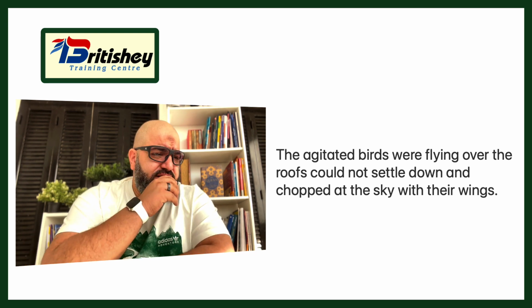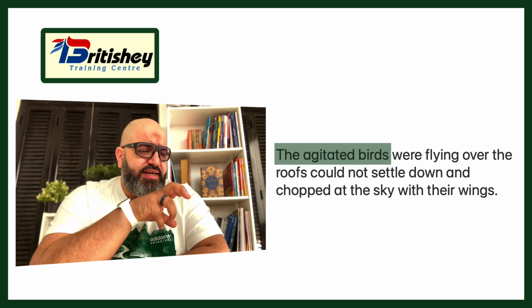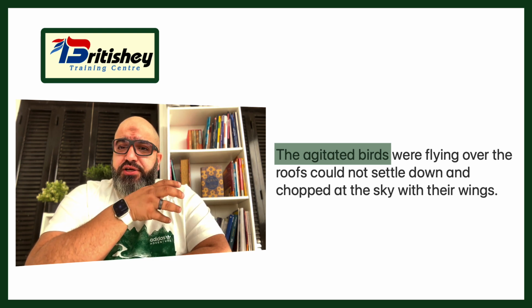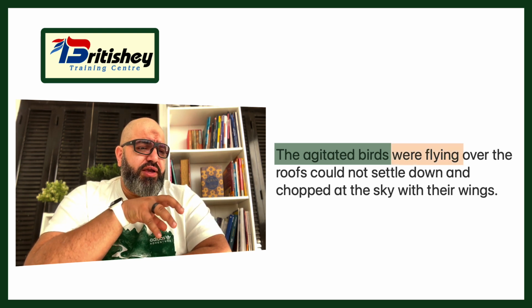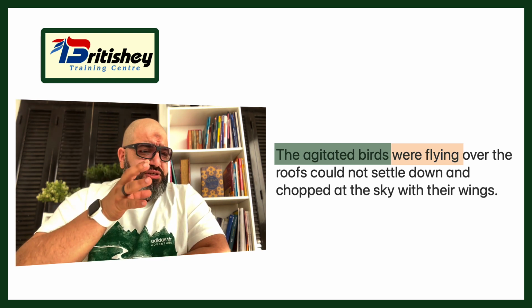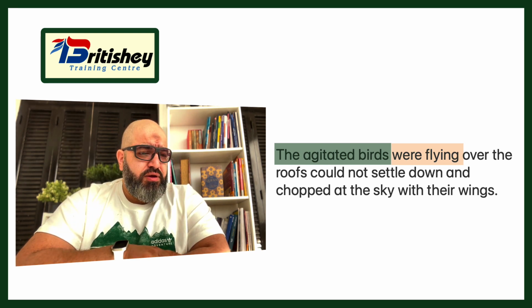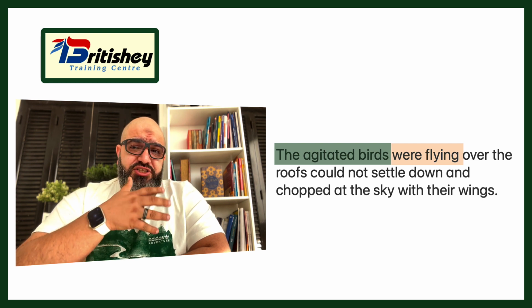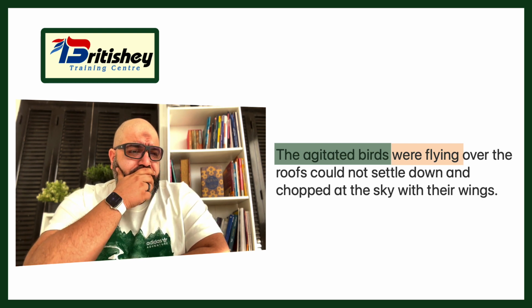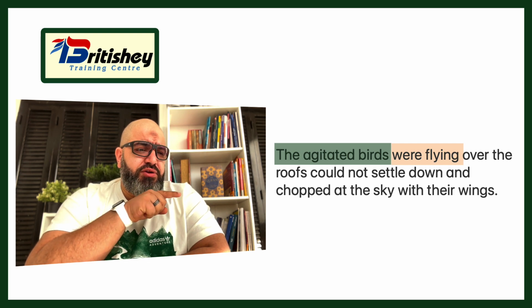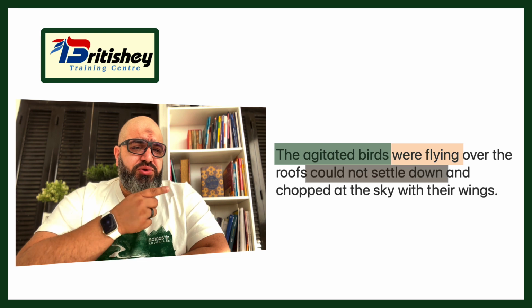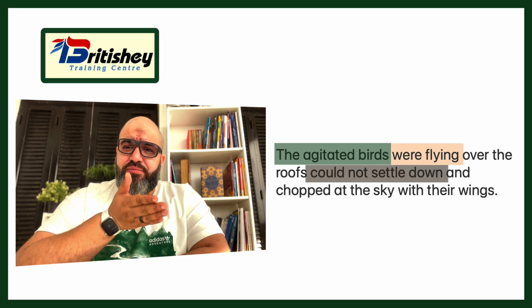Now let's analyze it. So I've got the agitated birds, and obviously that's a subject. And then we have were flying. Now flying is a present participle, and at the same time it's a verb here because it's preceded by were, which is a form of verb to be. So we're flying over the roofs, could not, but wait a minute, could not settle, that's another verb.